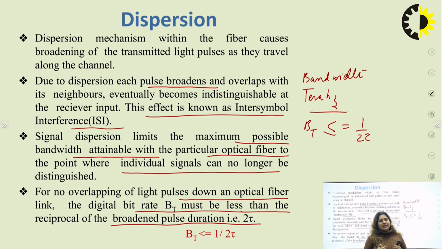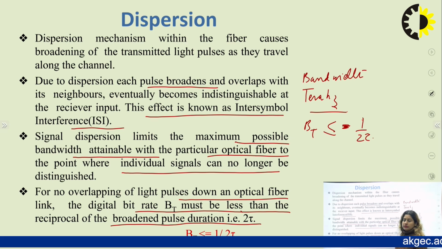If the bit rate is less than or equal to 1 upon 2 tau, then no pulses will overlap with each other. With the help of this we can have dispersion compensating fibers, so we can easily avoid this dispersion with these equations.